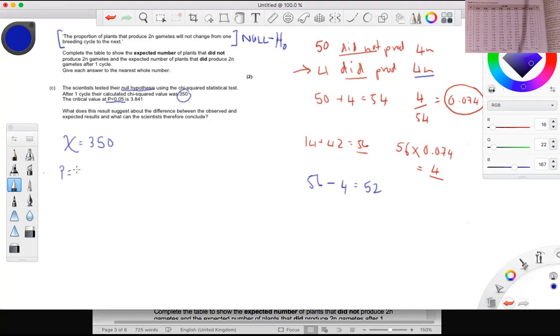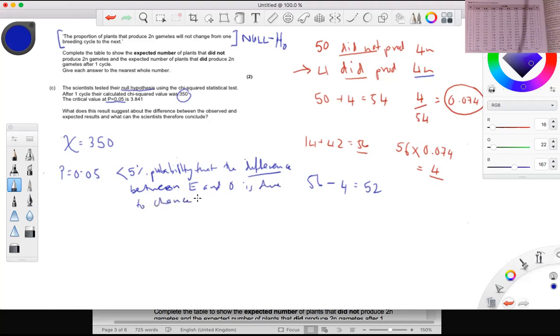What that means is that if your value is less than p equal to 0.05, then there is a less than 5% probability that the difference between the expected and observed is due to chance.